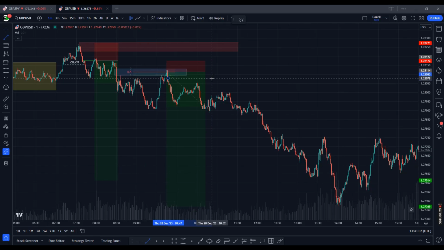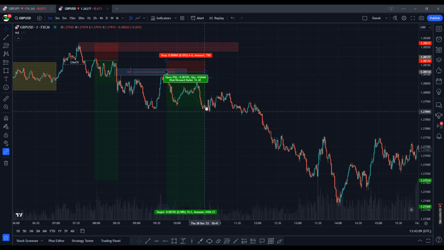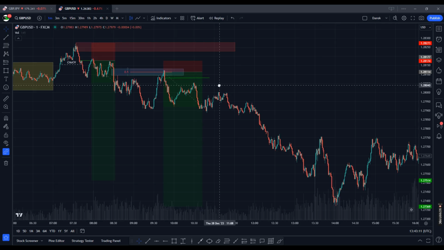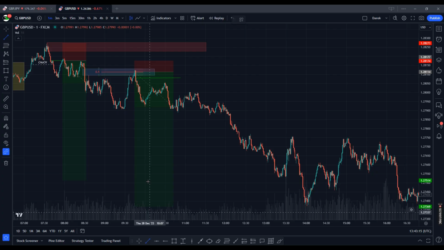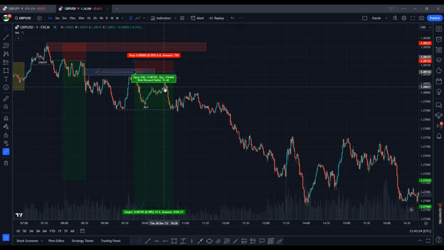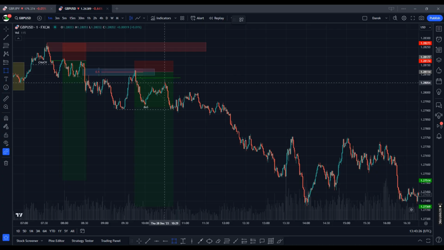You have this point of structure I would look to enter from, but the price never reached it, so let's just follow the structure. We get a break of structure, and price left a supply zone for us to enter from.